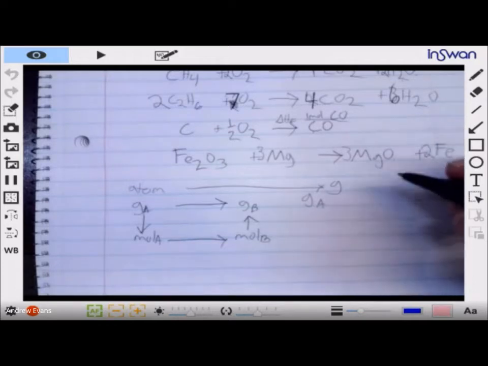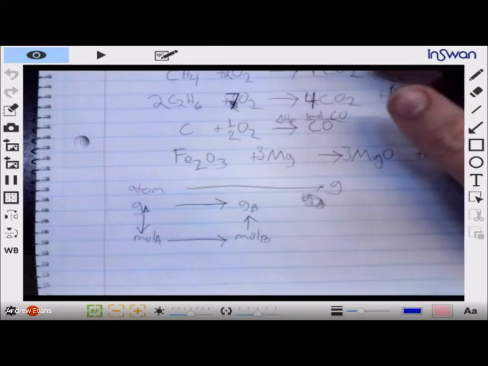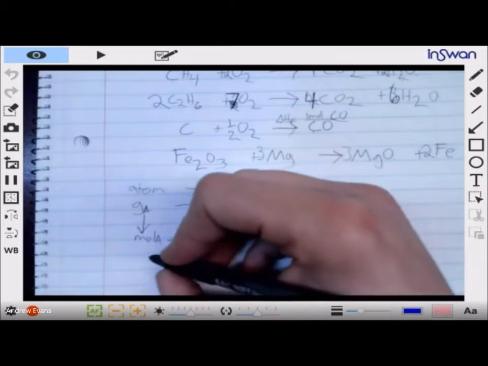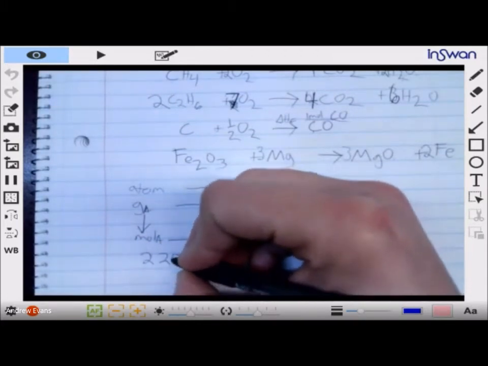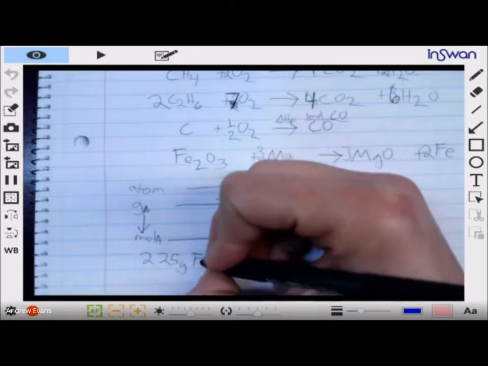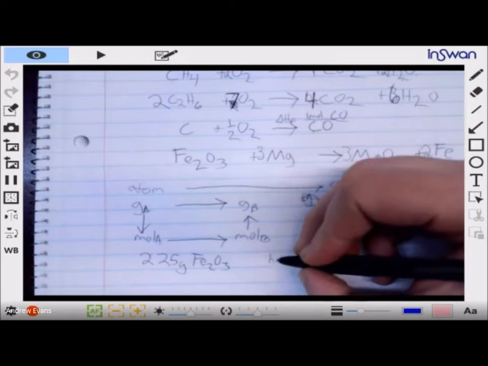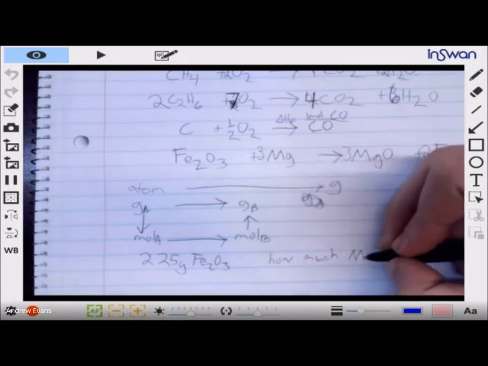So I'll use the iron oxide and magnesium situation. If I had 225 grams of iron oxide, how much magnesium, Mg, do we need?